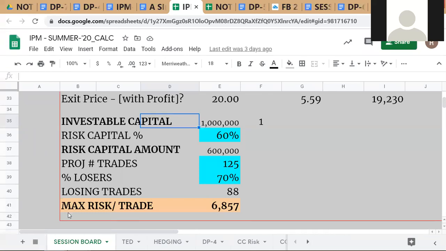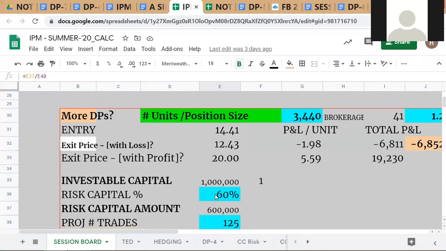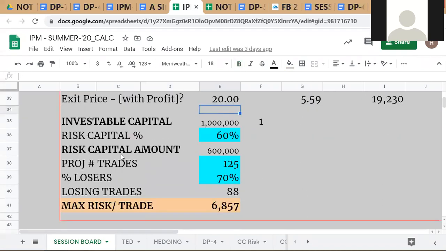So naturally maximum risk per trade will also be lower, and therefore your position size will also generally be lower when you're trading your personal account, because you are unlikely to have as much money as when you're trading for an institution like HDFC or IDFC or whoever. Okay, so that's the only difference.